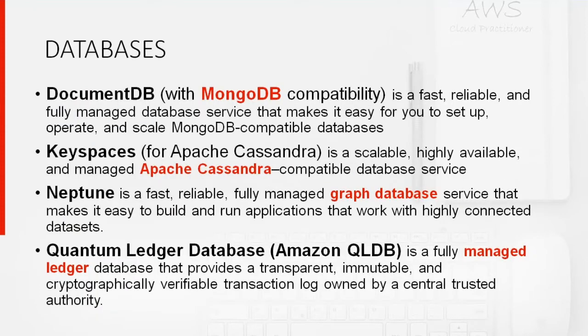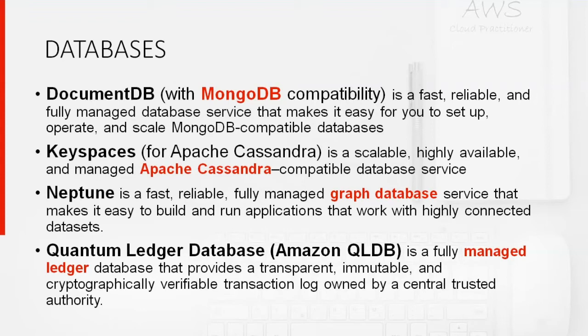Databases. DocumentDB with MongoDB compatibility is a fast, reliable, and fully managed database service that makes it easy for you to set up, operate, and scale MongoDB-compatible databases. Keyspaces for Apache Cassandra is a scalable, highly available, and managed Apache Cassandra-compatible database service.